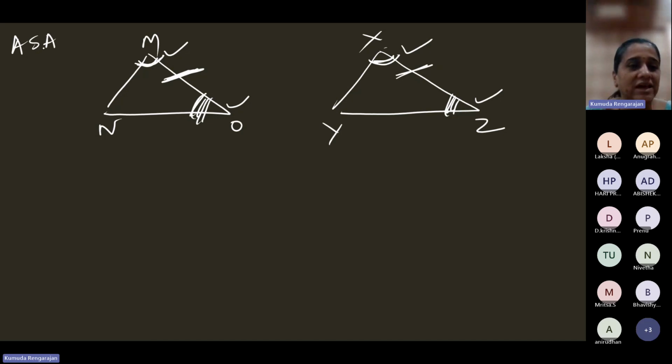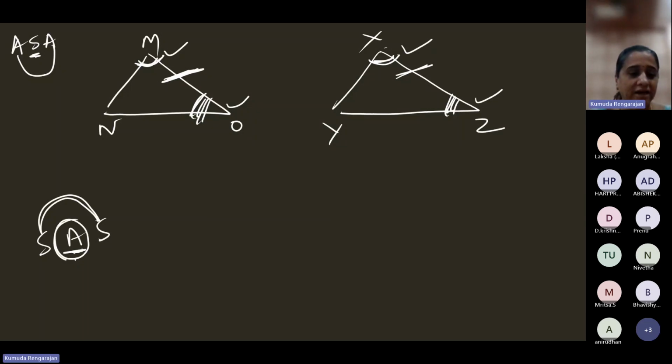So here when we say ASA, it is about two angles and the included side. Like SAS is two sides and the included angle. These two sides will be the arms of this angle.